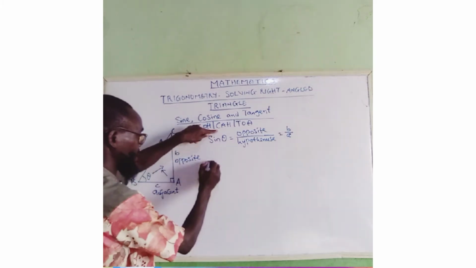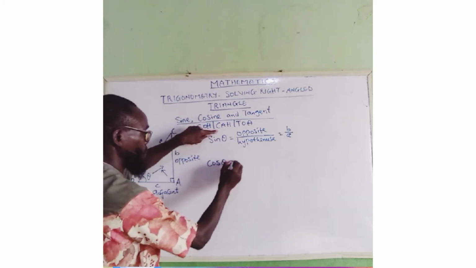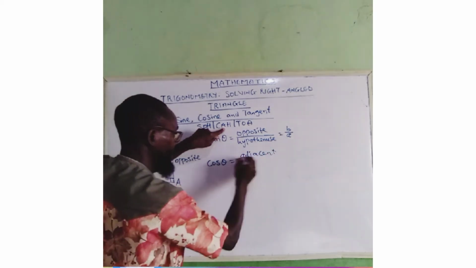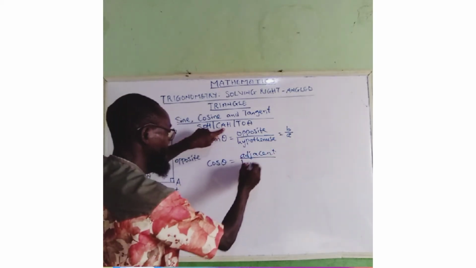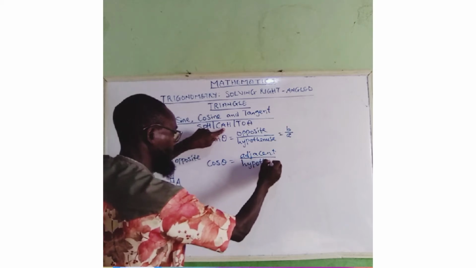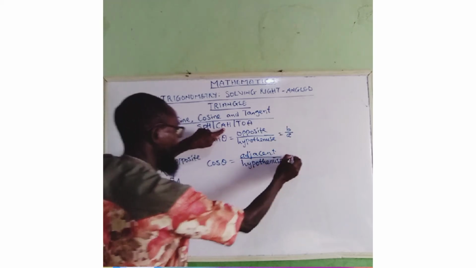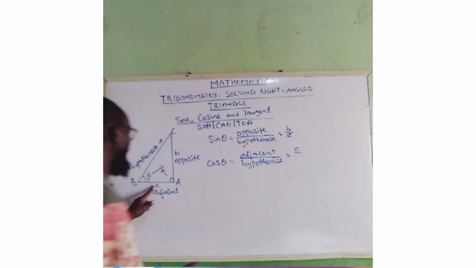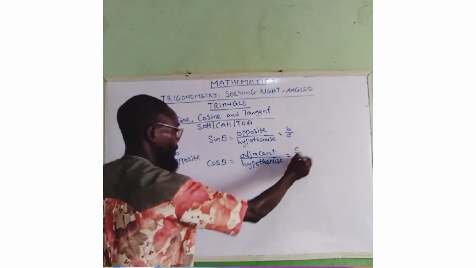Likewise, cos theta will equals to adjacent all over hypotenuse. Then our adjacent here is small letter c, while our hypotenuse is small letter a.